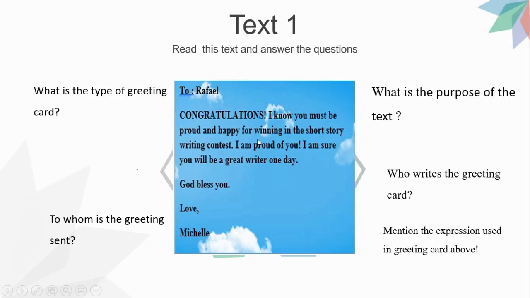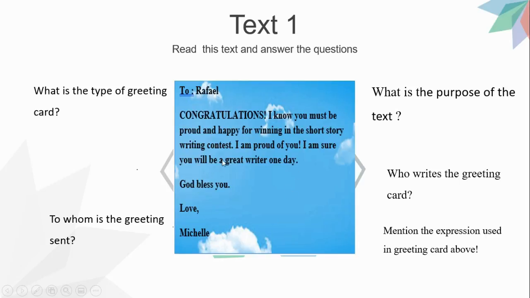So our indicator says that the students are able to identify the generic structure and the social function of a greeting card. Here, we as a teacher must provide a text.